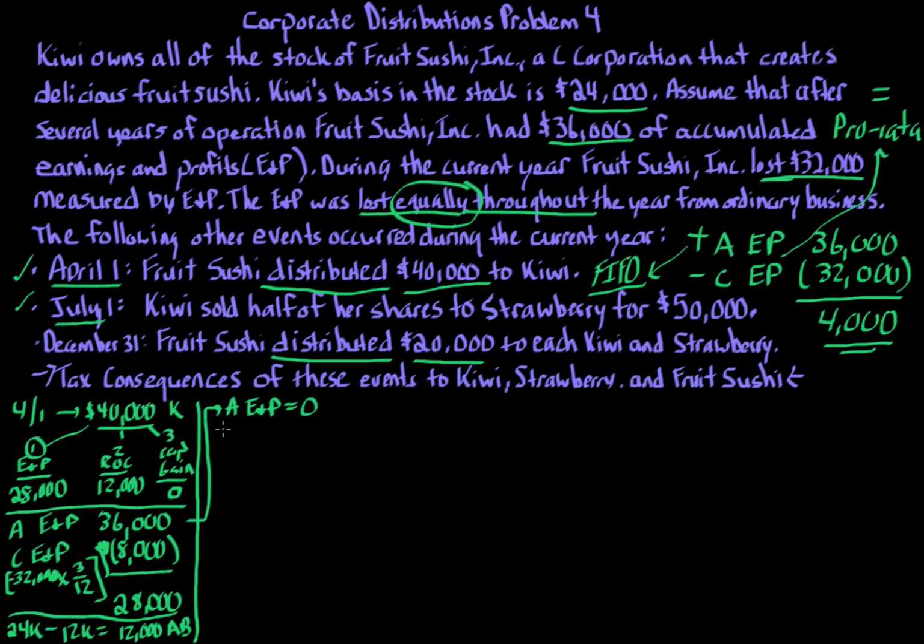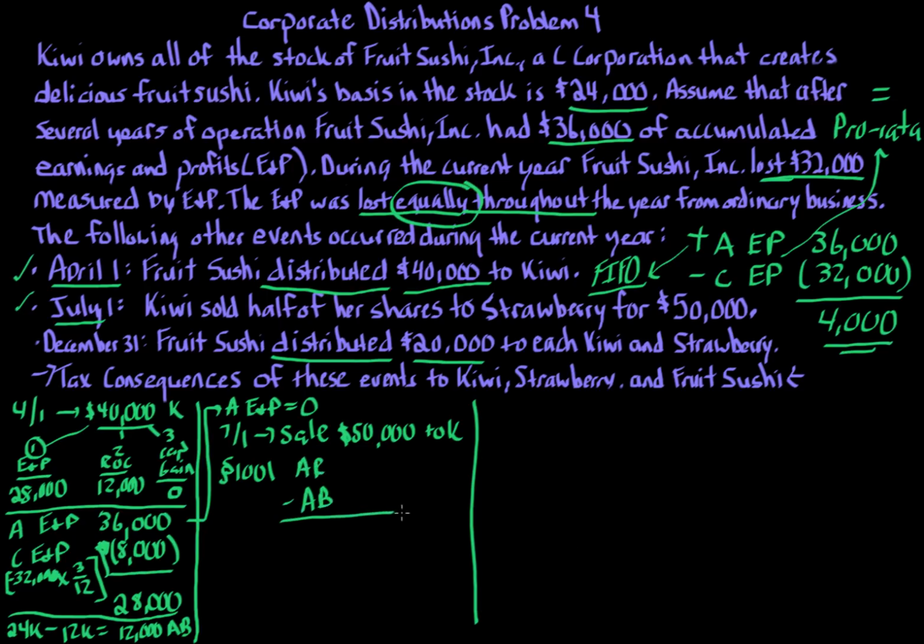So we're looking at, on July 1st, the sale. This is a sale, not a distribution: $50,000 for half of the stock. So that's $50,000 to K. Okay? So we apply our section 1001 principles. We have amount realized minus our adjusted basis. The amount realized here is what Kiwi is getting, which is the $50,000 of cash.